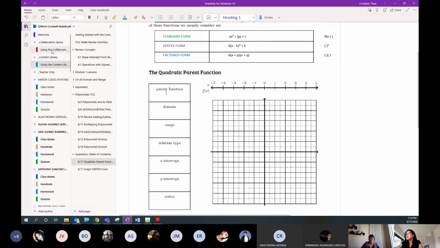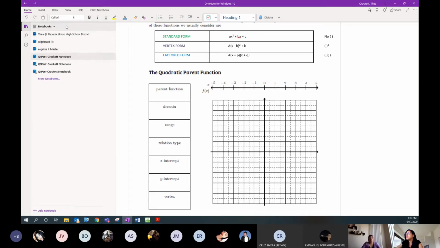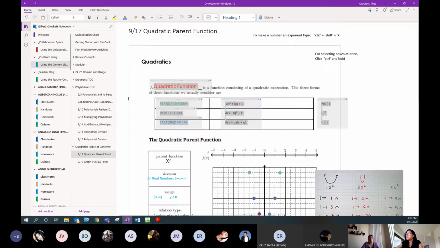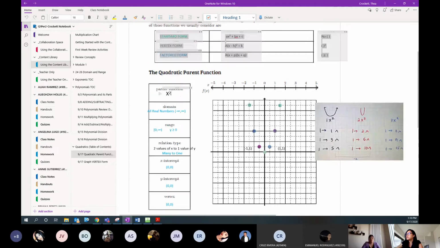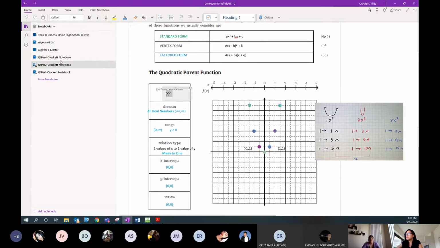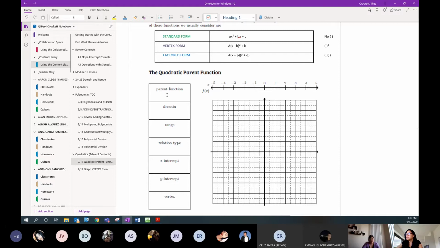So I'm gonna go back to the other class and then copy this. All right, it's a very clean equation in such a way that it's only x and then the square.